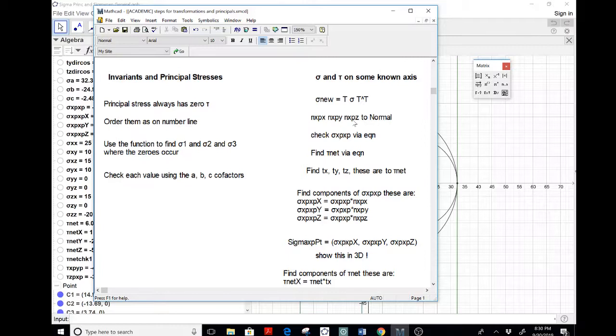Get these, and then here, check sigma x prime via the equation, which is what I just said. And then find tau net via that equation in the simplified method section 2.14, right?